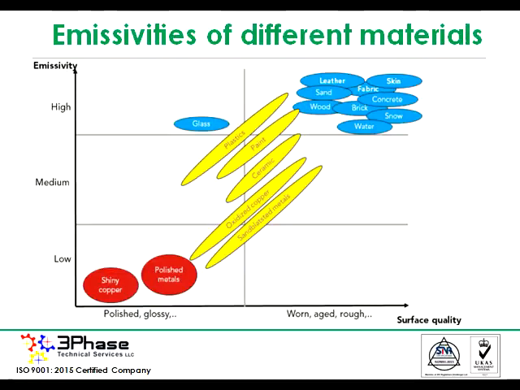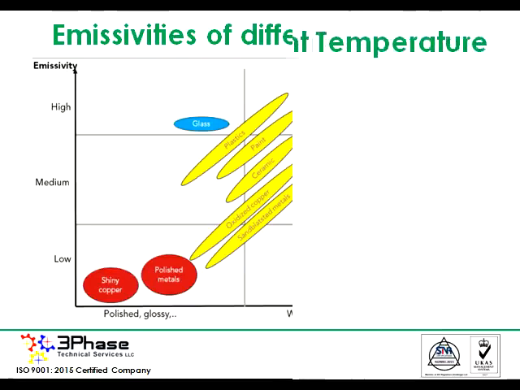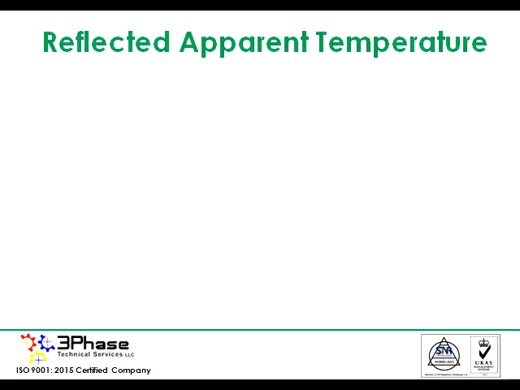Plastics, paint, ceramic, etc. have medium emissivity. Worn, aged, rough materials have high emissivity. For example, leather, fabric, sand, etc. Reflected apparent temperature.